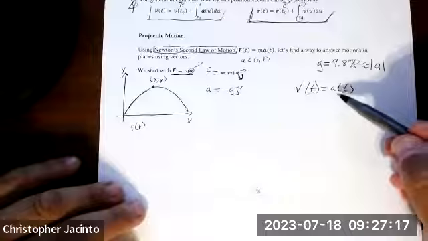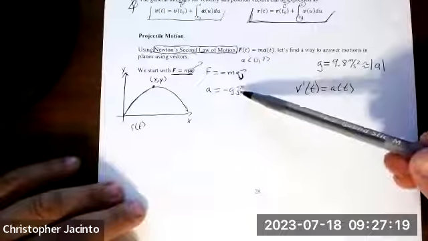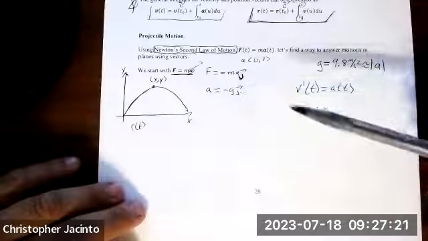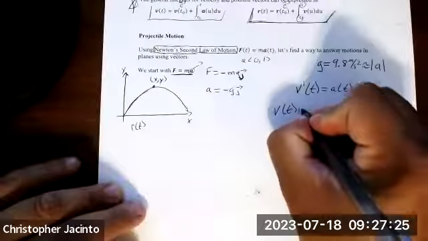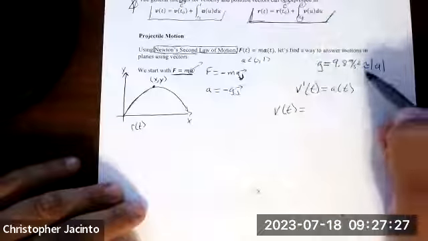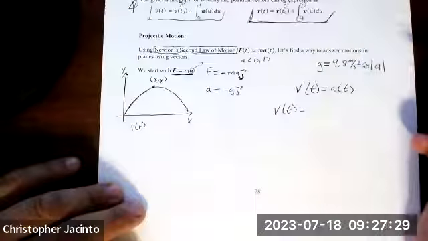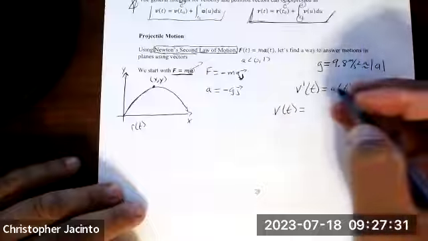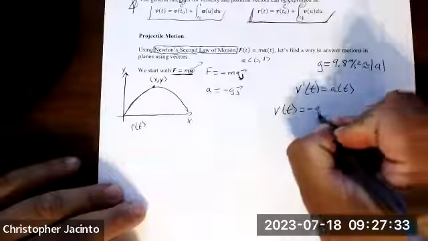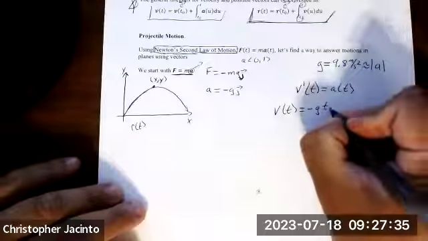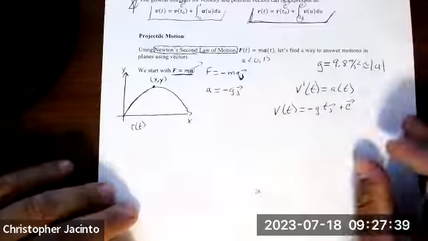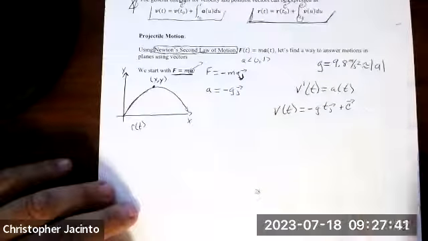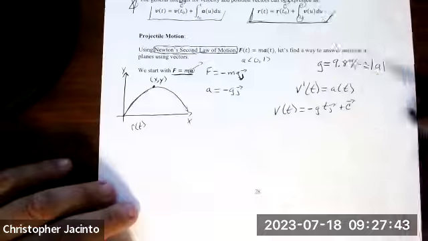Okay, so if we take the integral of that, well, g is just a constant. So the integral of a constant just gives you minus g t plus some constant c, right? Okay, that wasn't too bad. That's much easier than the last example.